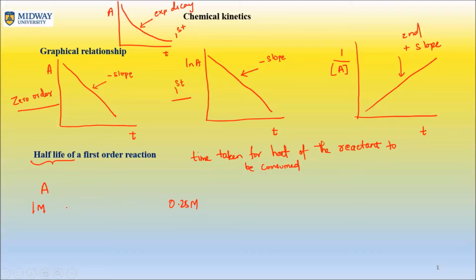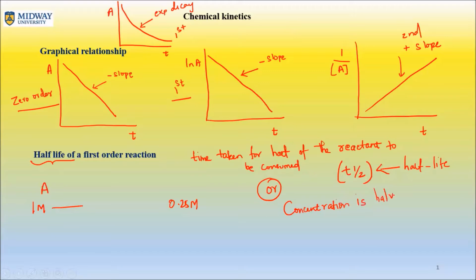The half-life symbol is T half. This is half-life, and I said half-life is the time taken for half of the reactant to be consumed. That is, concentration is halved.